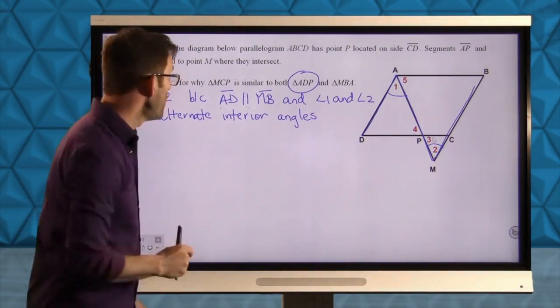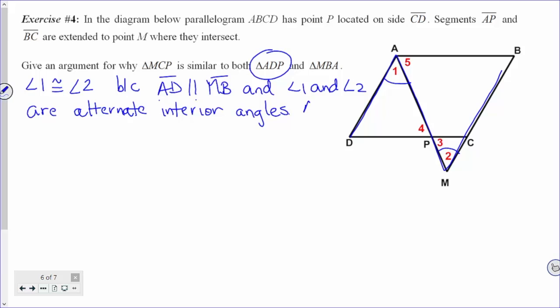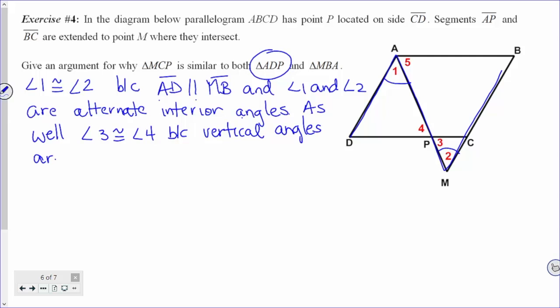But as well, angle 3 is congruent to angle 4 because vertical angles are congruent.